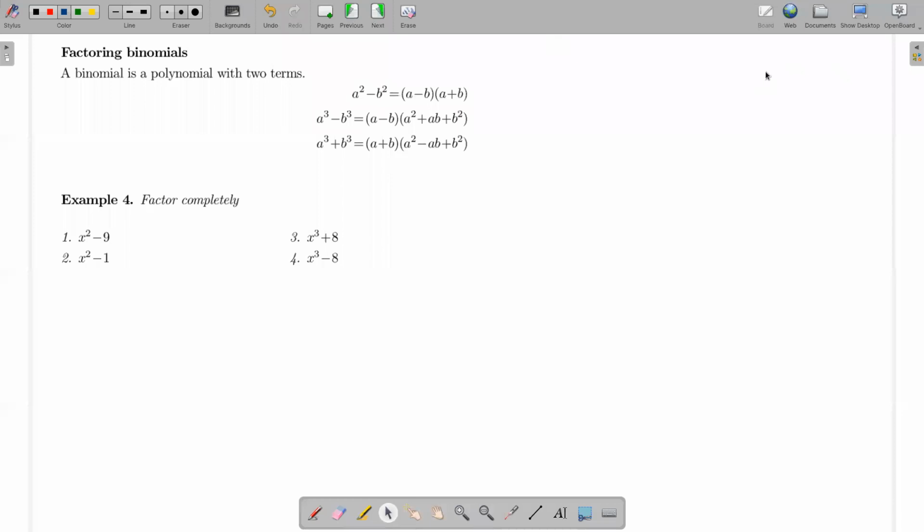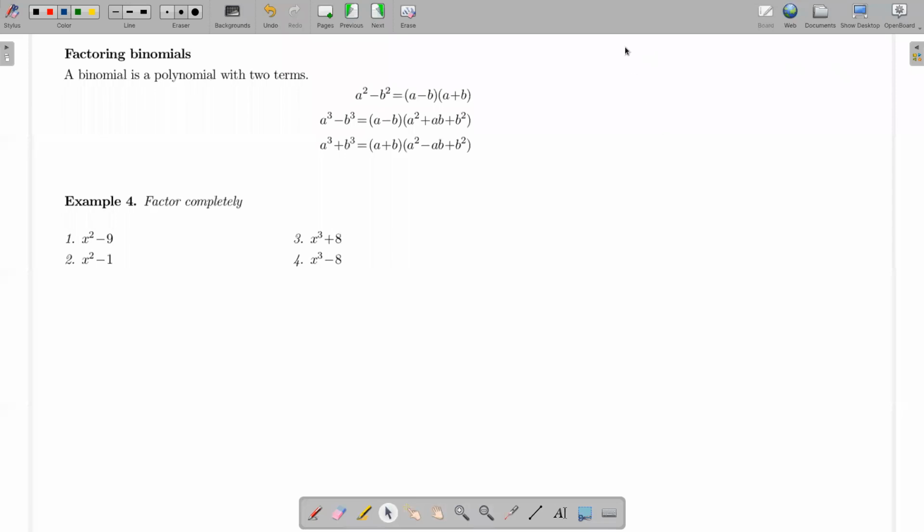So this one we match with one of these formulas and try to write it as a factor.